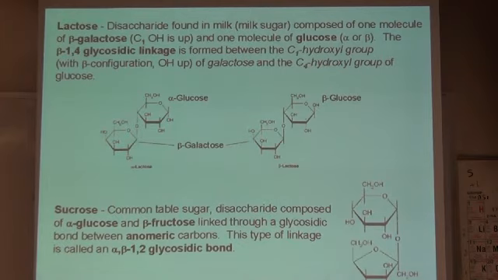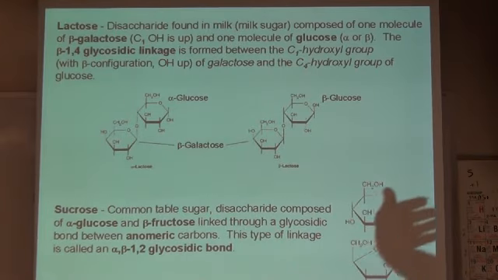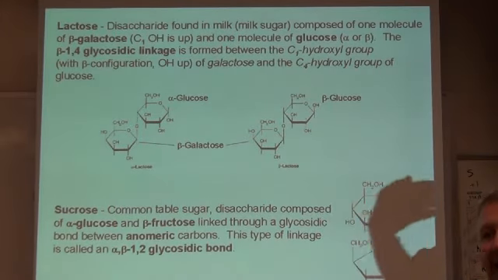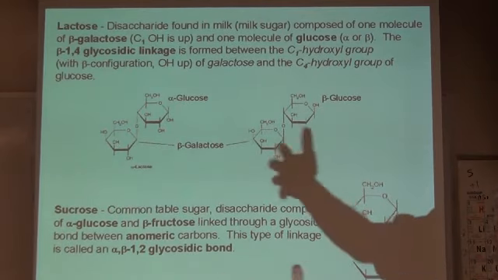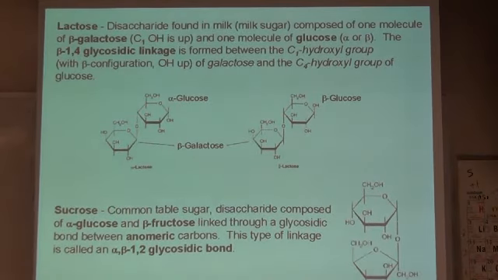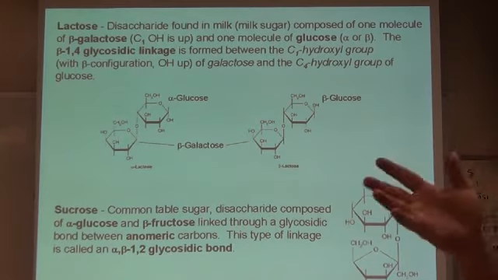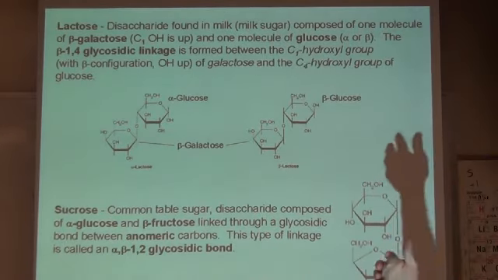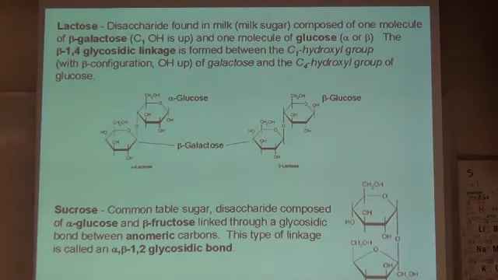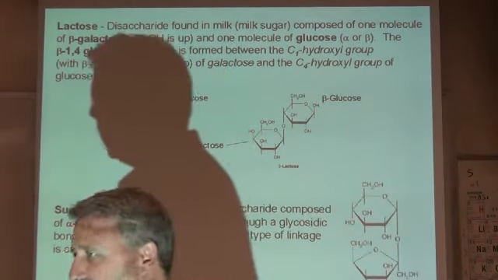Regardless, it's an alpha beta 1,2 glycosidic linkage. It is these glycosidic bond linkages that connect monosaccharides together, producing these large polymers. Okay, that's what we remember. Alpha 1,4 glycosidic bond linkages are what connect carbohydrates together in glycogen and starch.